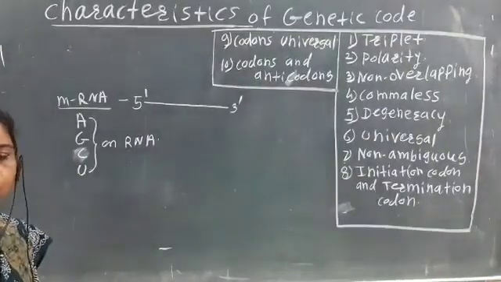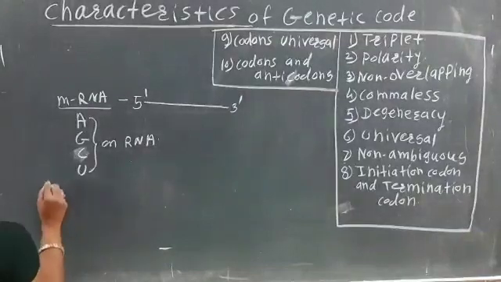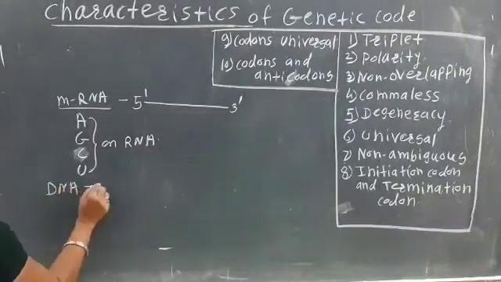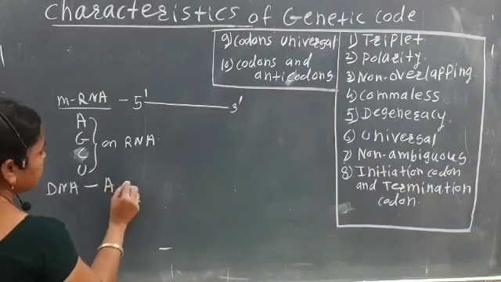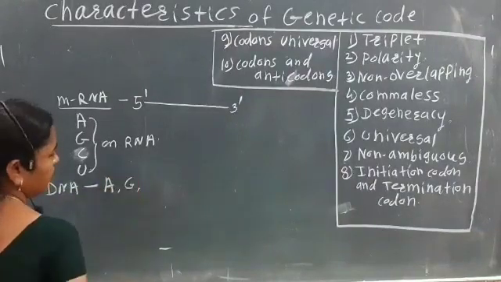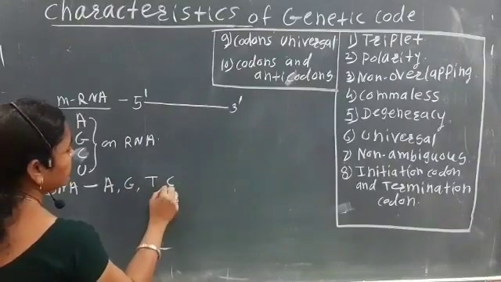So here, if we see in the DNA, the purines are adenine and guanine, and the pyrimidines are thymine and cytosine.